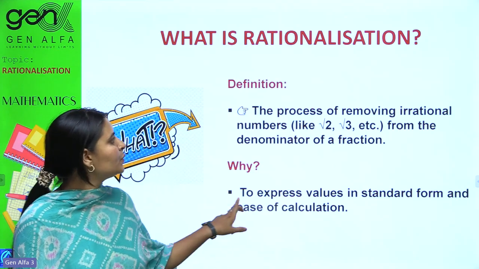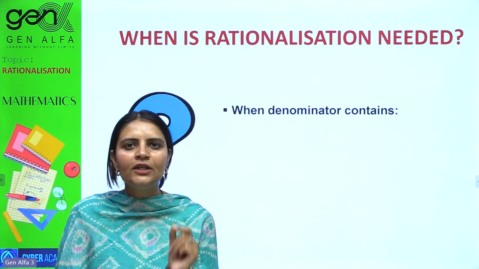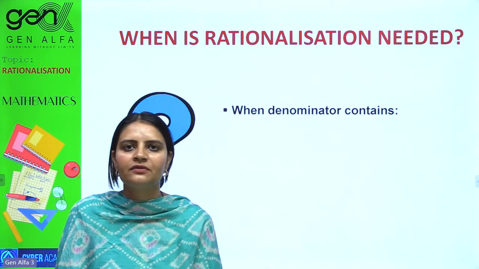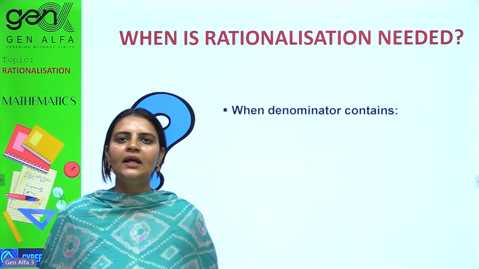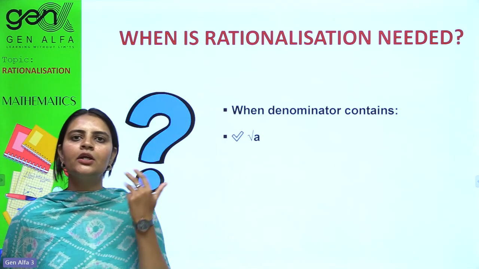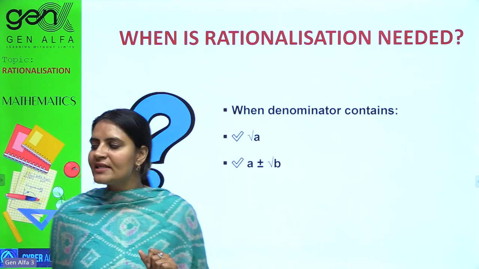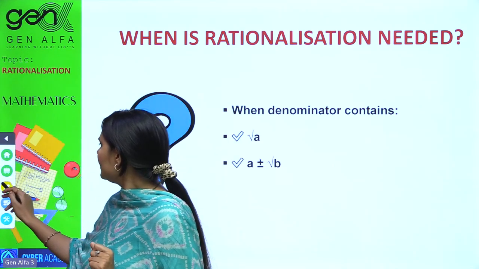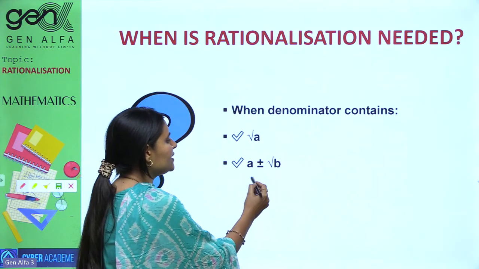So let's just do this process. When does the need for rationalization come alive? When the denominator contains the root ones, it could be in the form of single root under root a. Let's suppose 1 by under root 5 is present. Yes. Or it could be a plus minus under root b. That means, let's suppose a is 3.